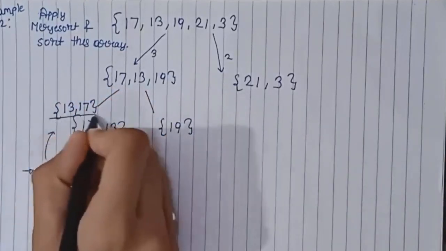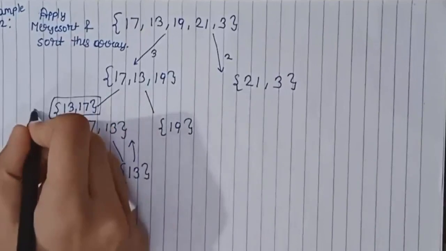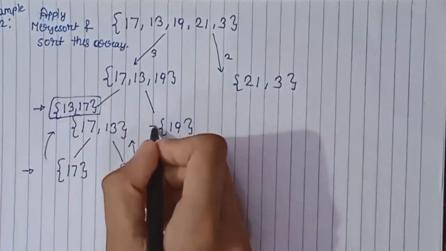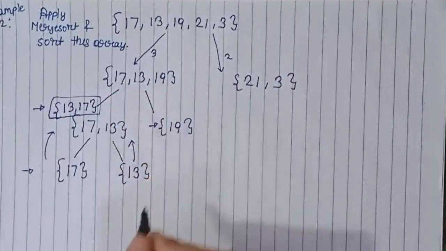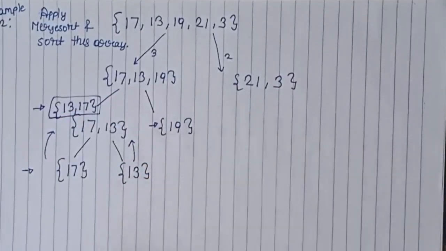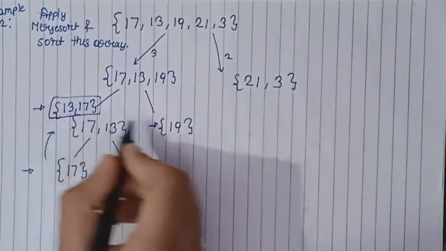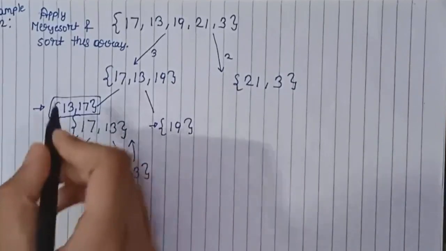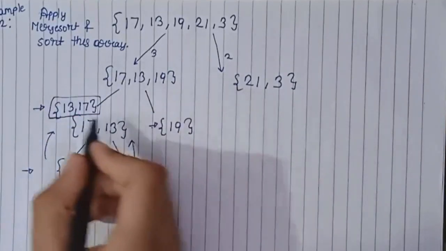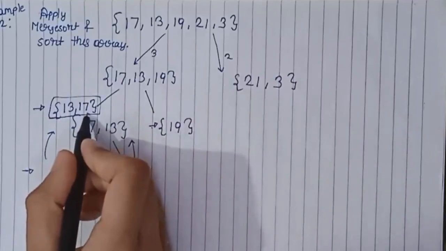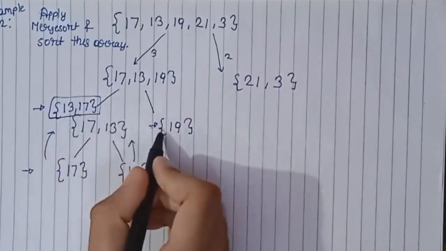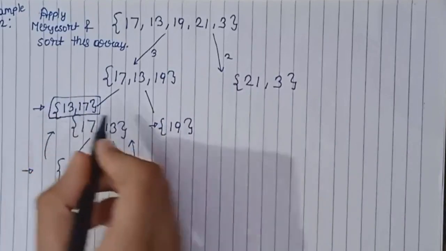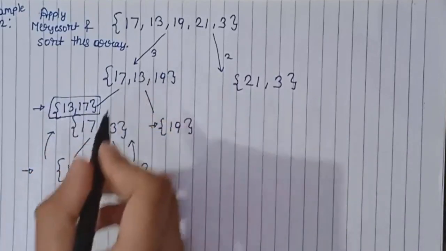So at this step again, this is a sorted array. Again this is a sorted array, because a single element array is always a sorted array. So at this step I have got two sorted arrays. So again I will merge them, because the merge procedure says that at any step, if you get two sorted arrays, then you will merge them to form a single sorted array.